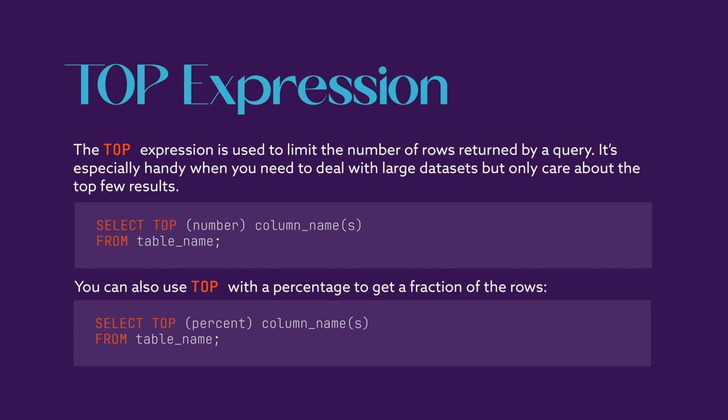The basic syntax of a top expression is to return either the top number or percent of specific columns from any number of tables. The top expression quickly hones in on the most relevant data without sifting through thousands of rows. It's perfect for reports and dashboards where you need to highlight top performers or recent entries.